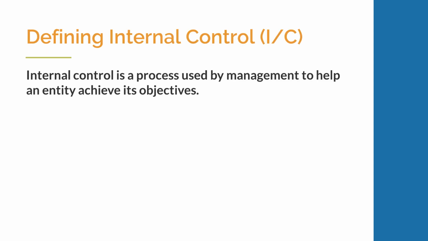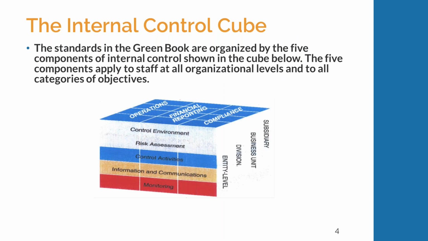So defining internal control is a process for management to achieve the objectives of the entity or the organization, your organization. What do we mean by objectives? There's really basically 3 objectives that we need to do to operate, and that would be your operations, your financial reporting, and your compliance at the top of this cube.